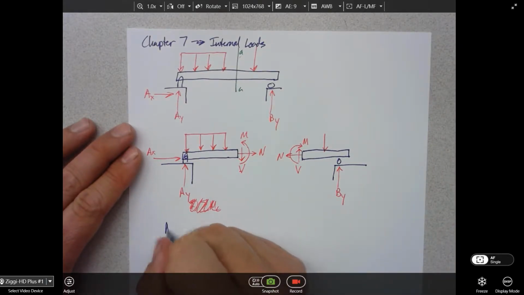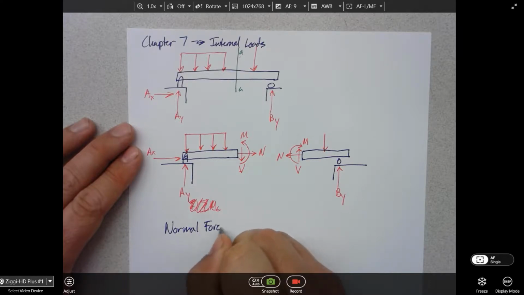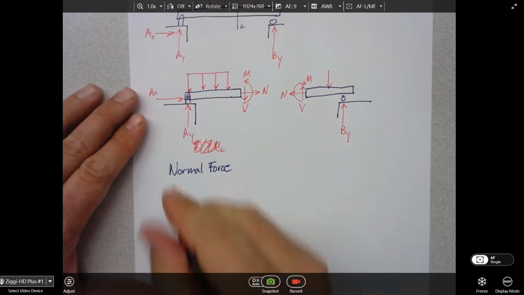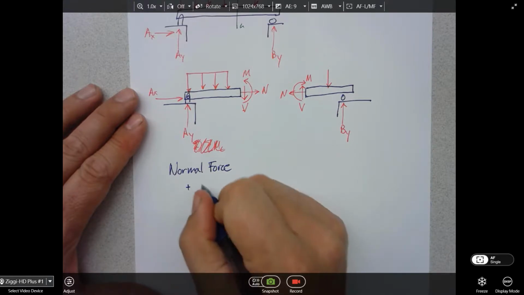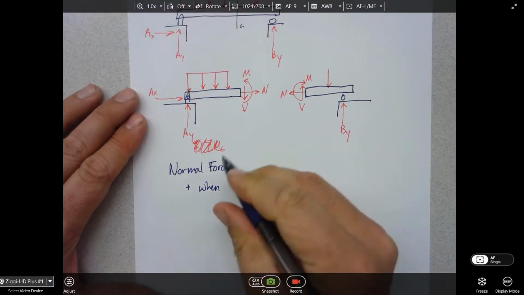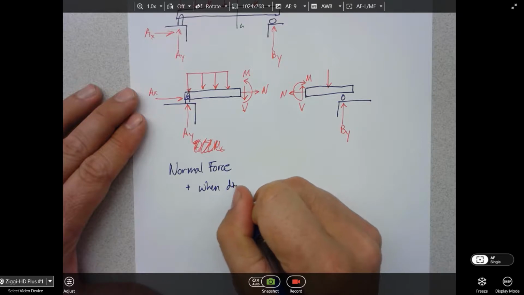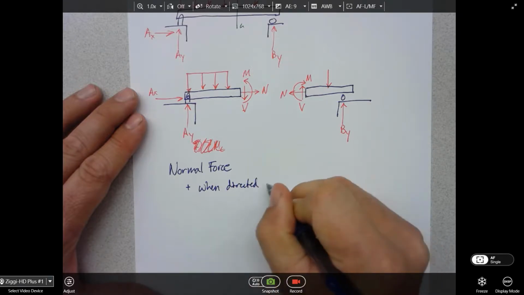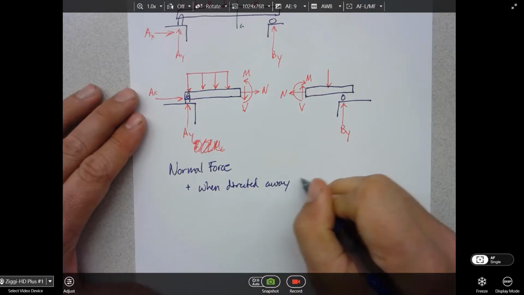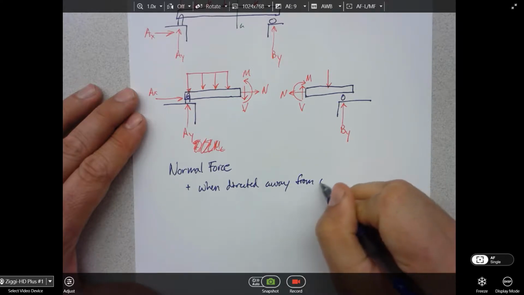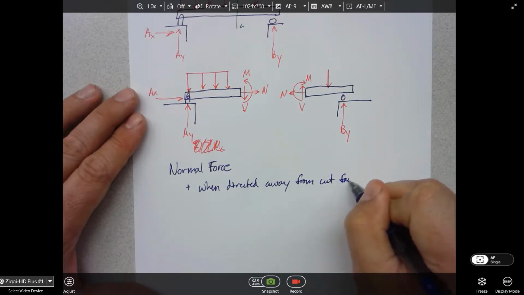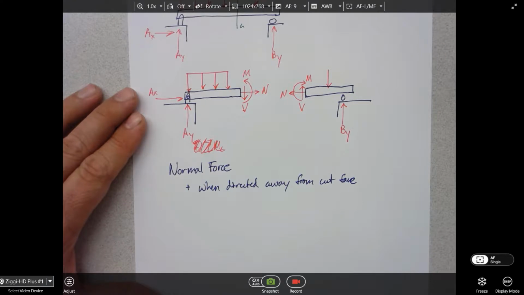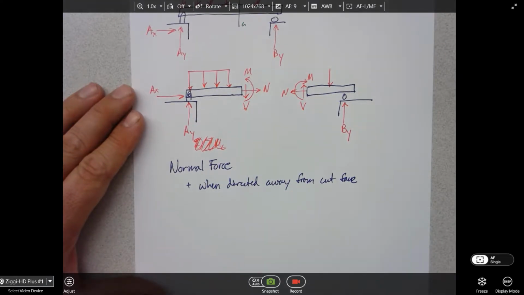Let's do the normal force first. It's positive when it's directed away from the cut face.